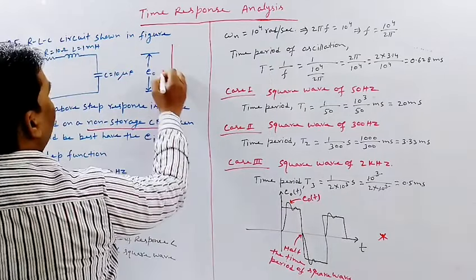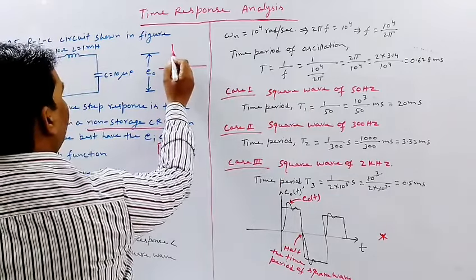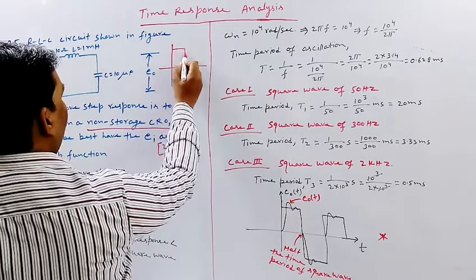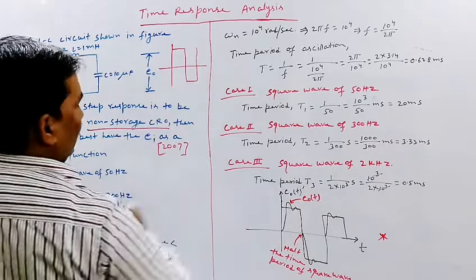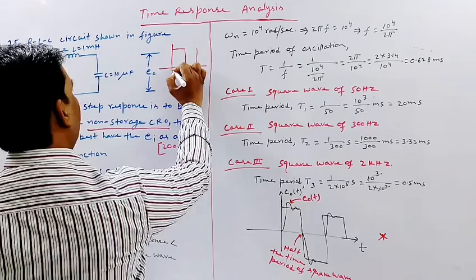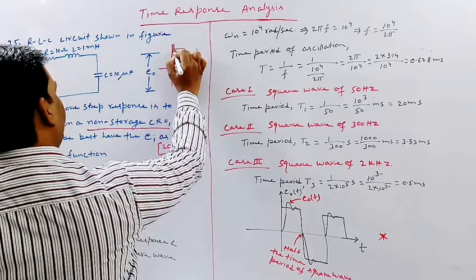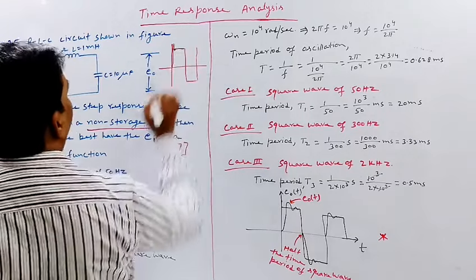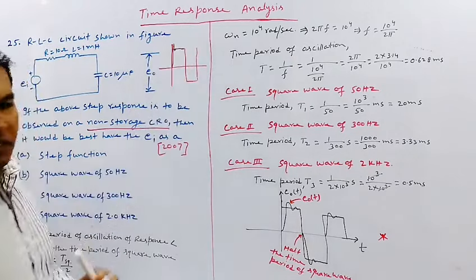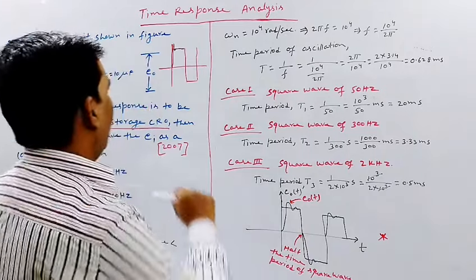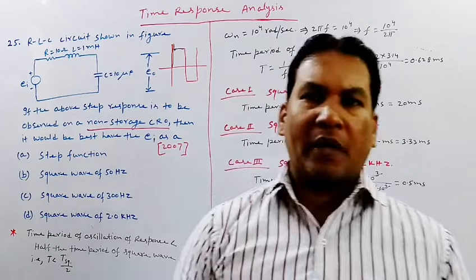The response will be like this. In case 1 the response will look like a spike only, and we cannot analyze the response properly.